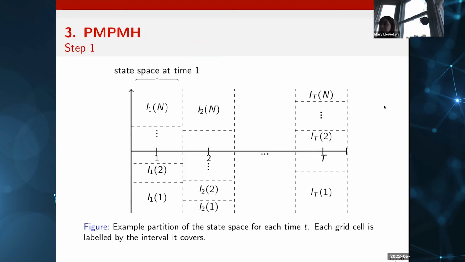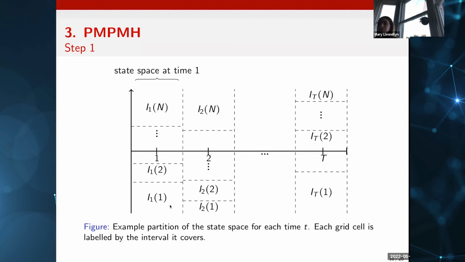So step one is to introduce this discretization, and this is a very pathological example of what you might do. In this case, we're introducing a deterministic discretization by partitioning the state space at each time point into intervals.